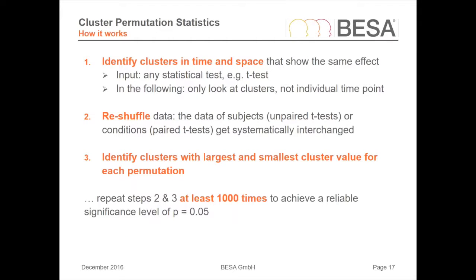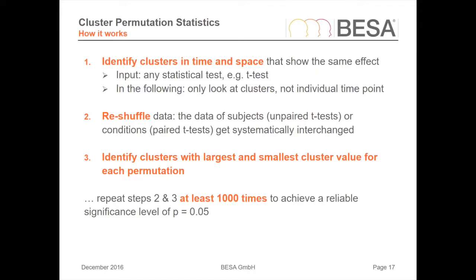So in summary, for the permutation statistics, first we identify clusters in time and space that show the same effect, and the input can be any statistical test, t-test or f-test or other tests. In the following, we then only look at the clusters and no longer at the individual time point.